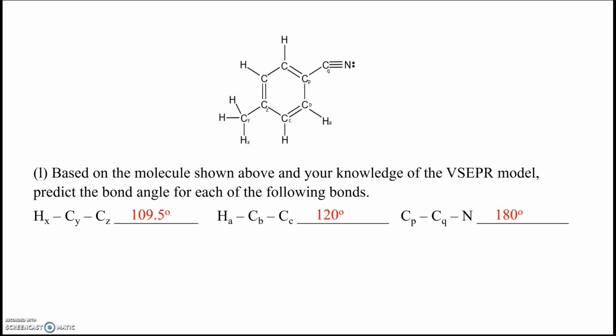Even though it's not printed this way, this is an artifact of a word processing program, we would expect that that angle would be 180 degrees because this is a symmetric bond.